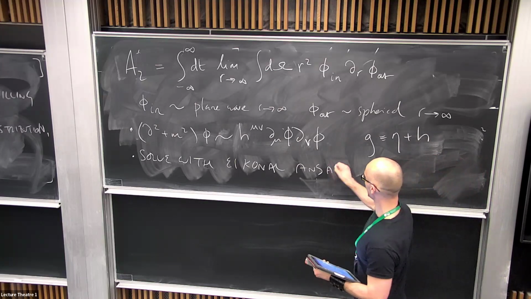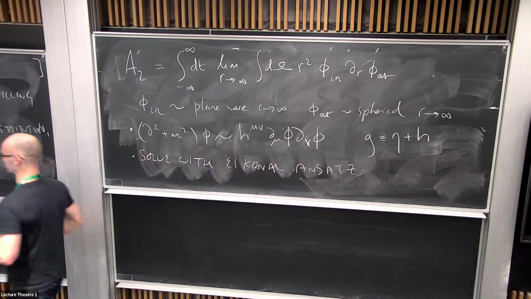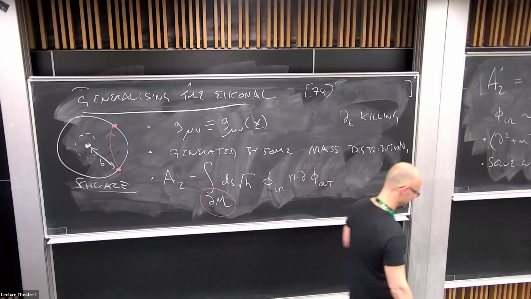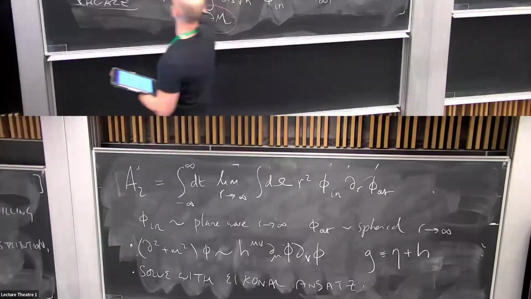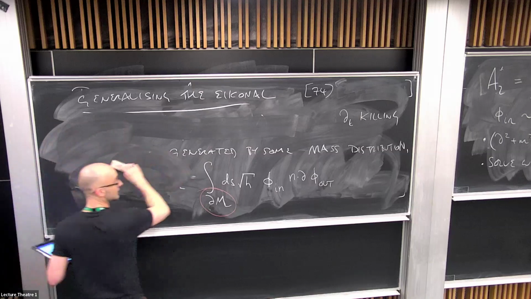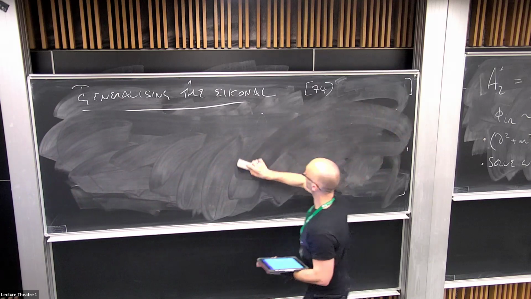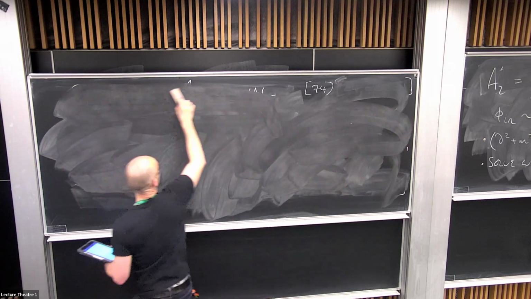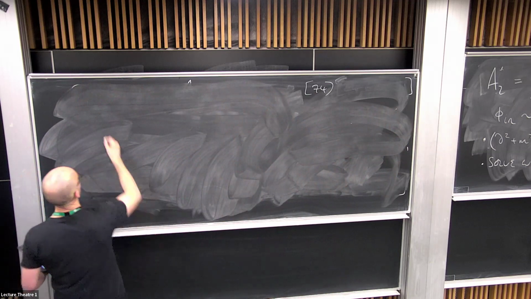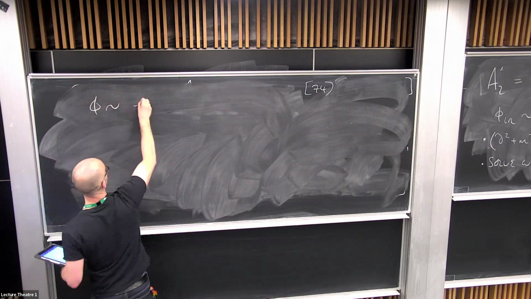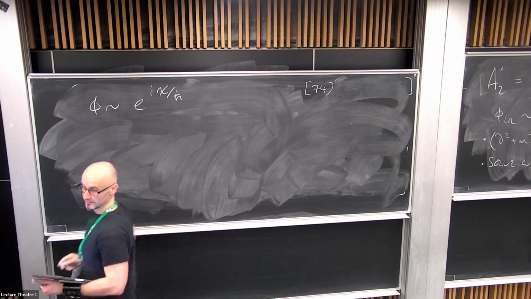Okay. So what these guys do, not me, is you try and solve this with an eikonal kind of ansatz. So you guess that your phi, the thing you're trying to solve for, looks like e to the chi over h bar.